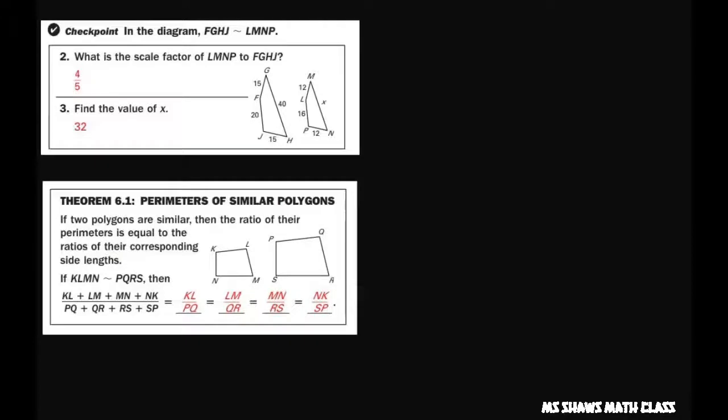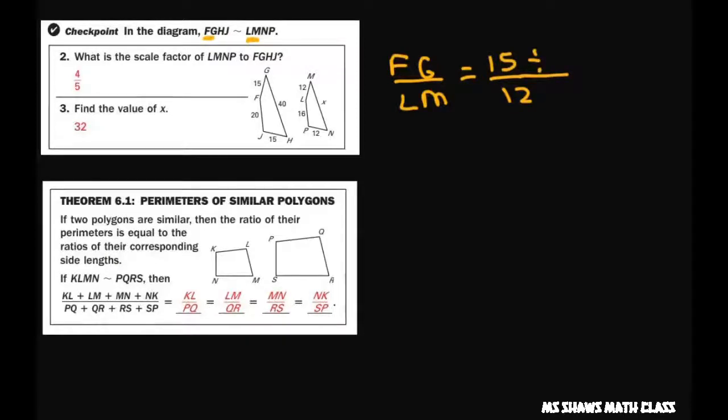All right. What is the scale factor? I'll just do one of these. I'll do FG, and I'm looking at this, FG with LM. So FG is 15 and LM is 12.